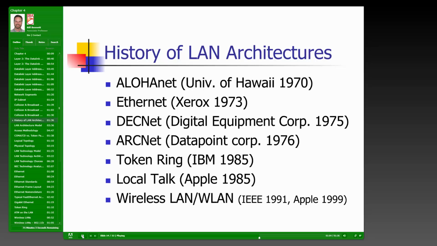Apple in 1985 as well developed LocalTalk, and then wireless technology in the commercial sense was developed in 1991, and really didn't get much activity. It wasn't a popular item until Apple came along and enhanced the capabilities of wireless LANs in 1999.